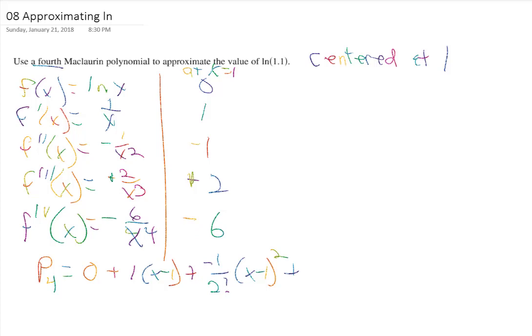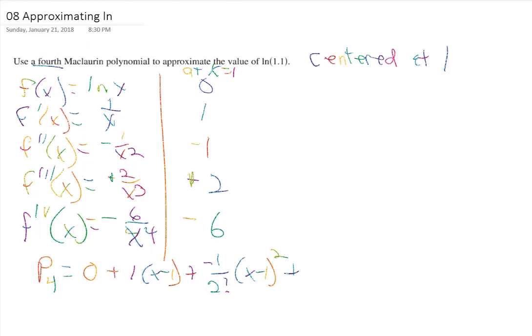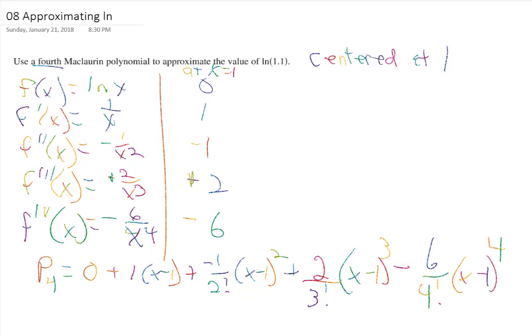I believe if we look back, I'm going to verify that. Yes, negative, positive, negative. So my mistake there. So it's 1 times x minus 1, minus 1 over 2 factorial times x minus 1 squared, plus 2 over 3 factorial times x minus 1 cubed, minus 6 over 4 factorial times x minus 1 to the 4th. That's our polynomial.